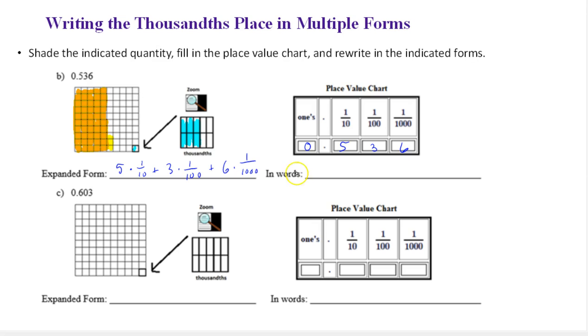Okay. Now to write this in words, we're going to read this number, 536, just like it was a whole number. So we're just going to start with 536. Okay, but it's not 536 ones. We're going to use the place value furthest to the right that the number goes, which in this case is thousandths.